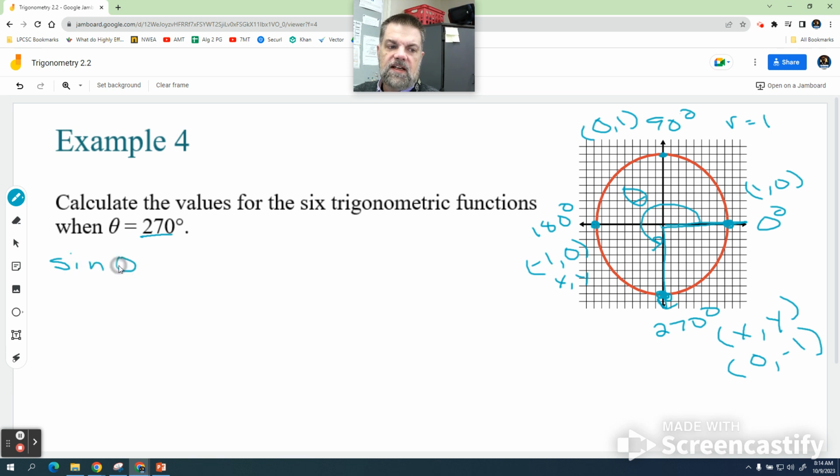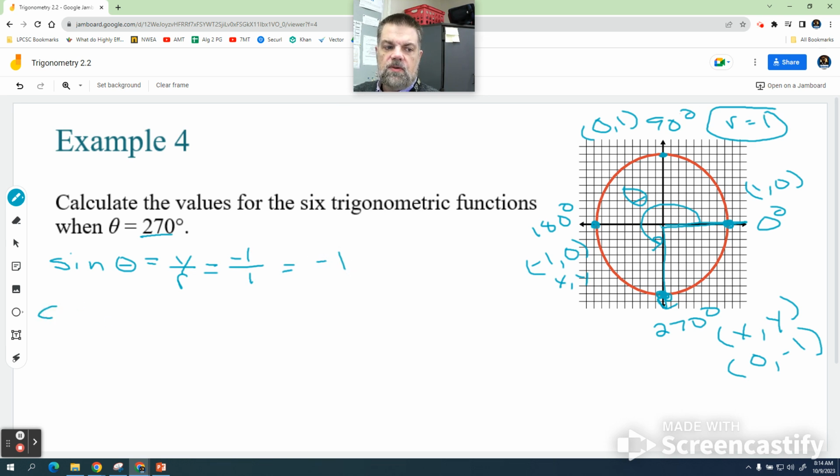Sine of theta would be, didn't we say it was y over r? Well, what's the y value? -1. What's the r value? We said the radius was 1, right? So sine is just -1.